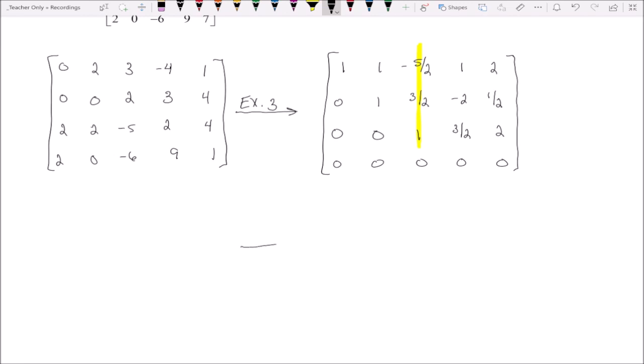So to do this, I'm going to do 2 at once. Notice if we multiply row 3 by 5 halves and then add it to row 1, we've zeroed out that entry. And if we take negative 3 halves row 3 and add it to row 2, we've zeroed out that entry.